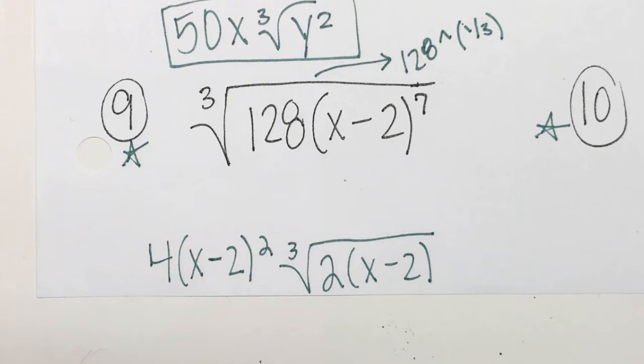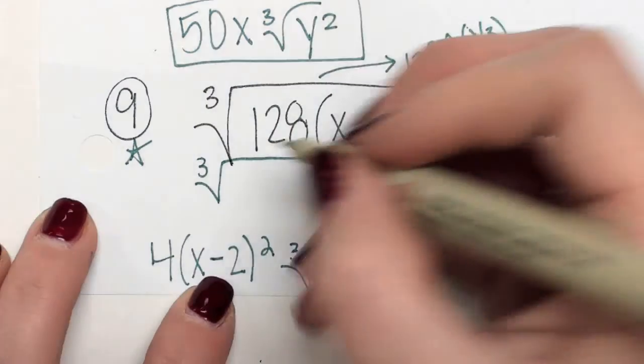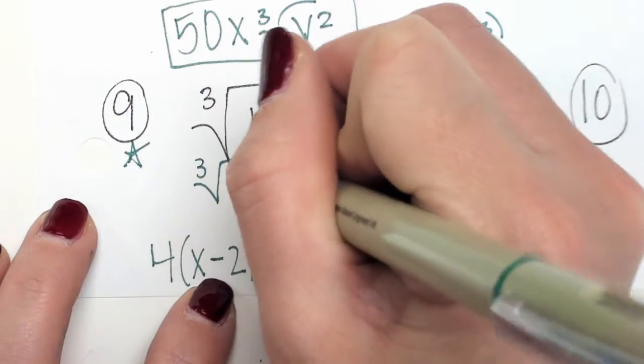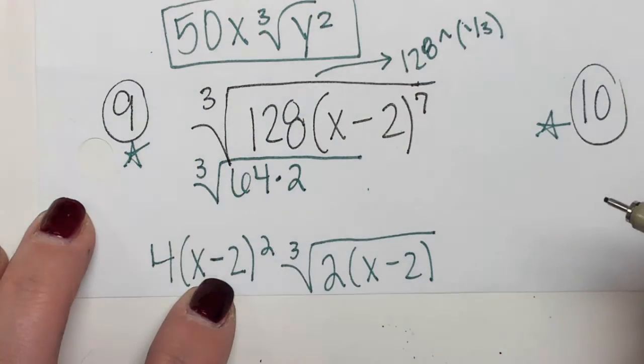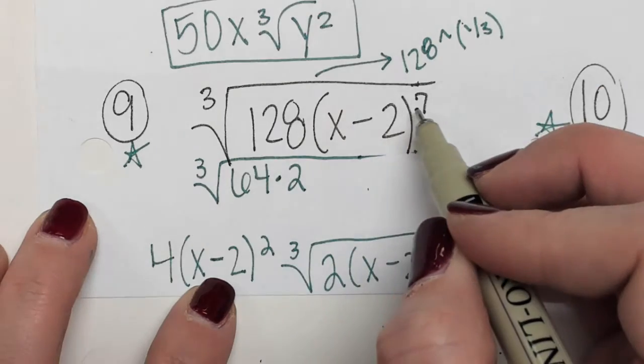Alright, so 16 also has 8 in it, correct? So find a bigger perfect cube besides 8. 64, good. 64 times what? Alright, so I'm going to break this up into 64. Why? Because it's a perfect cube. Times 2. The 7. Can 3 go into 7?